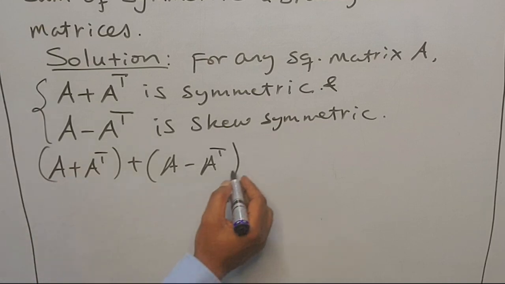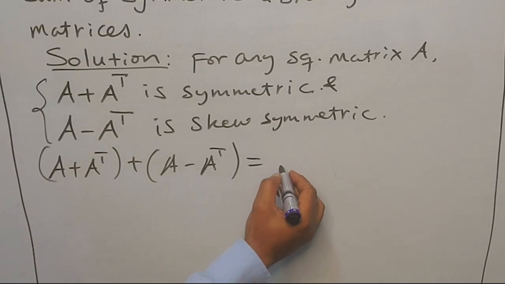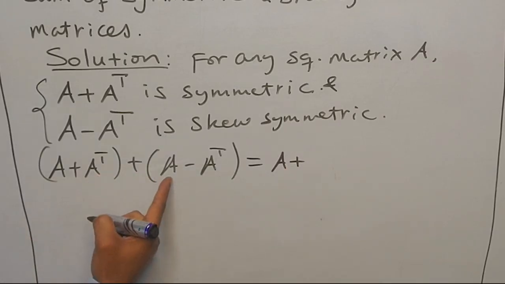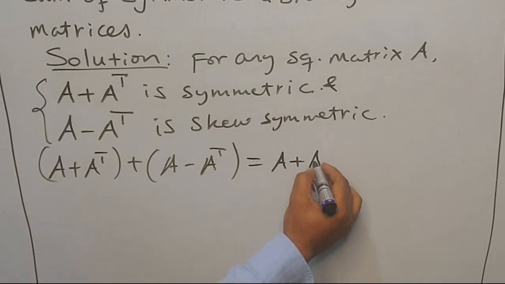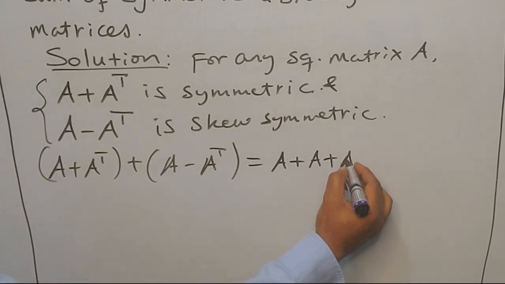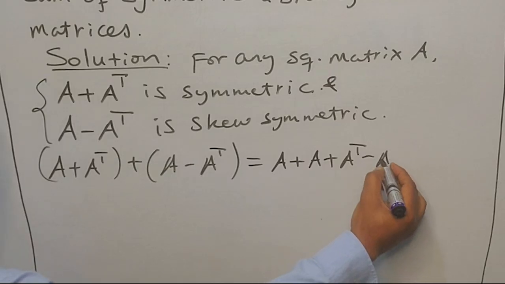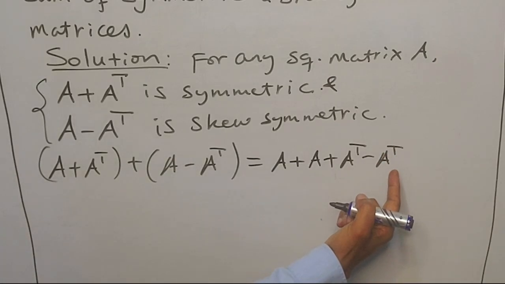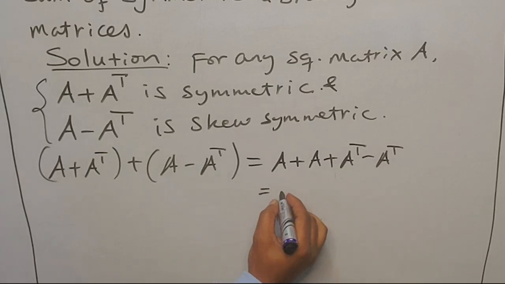Therefore, this can be written as A plus A, plus A transpose minus A transpose. A transpose minus A transpose is 0. The result is 2 times matrix A.